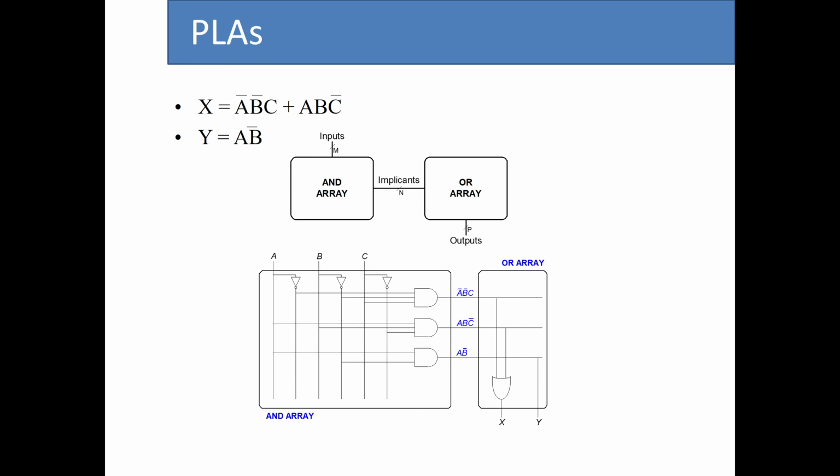So let's take a look at one PLA. As I said, a PLA contains an array of ANDs followed by an array of ORs. If you recognize this combination, this is basically what we called a two-level implementation, when we wanted to implement combinational logic functions.